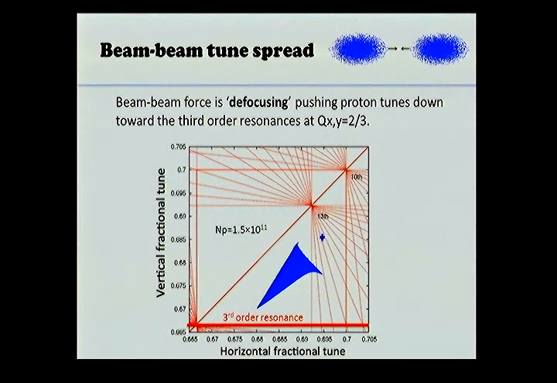For example, one particle in the center of this bunch, when it goes through the opposite bunch, will have its tune move from here to here, very close to the third order resonance line. And if we draw the tunes of every particle in this bunch, it will generate a spread. We call this spread the beam tune spread.